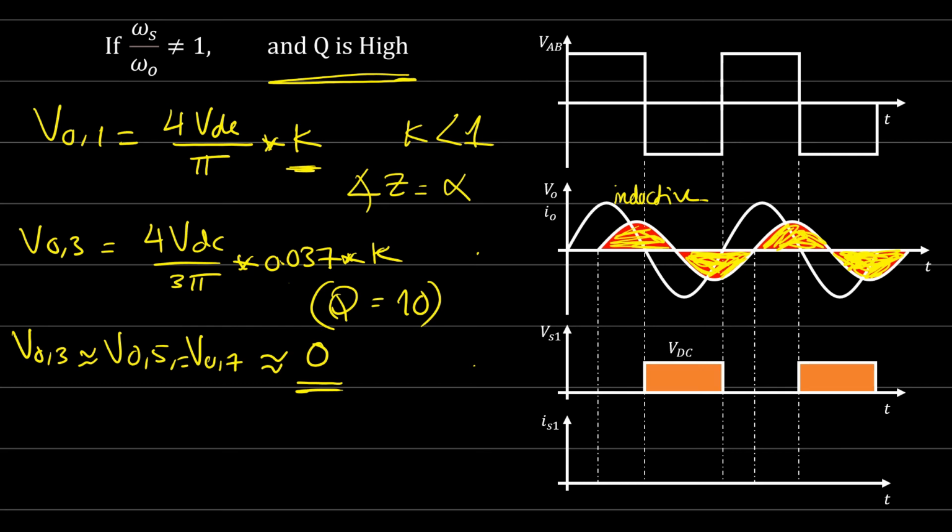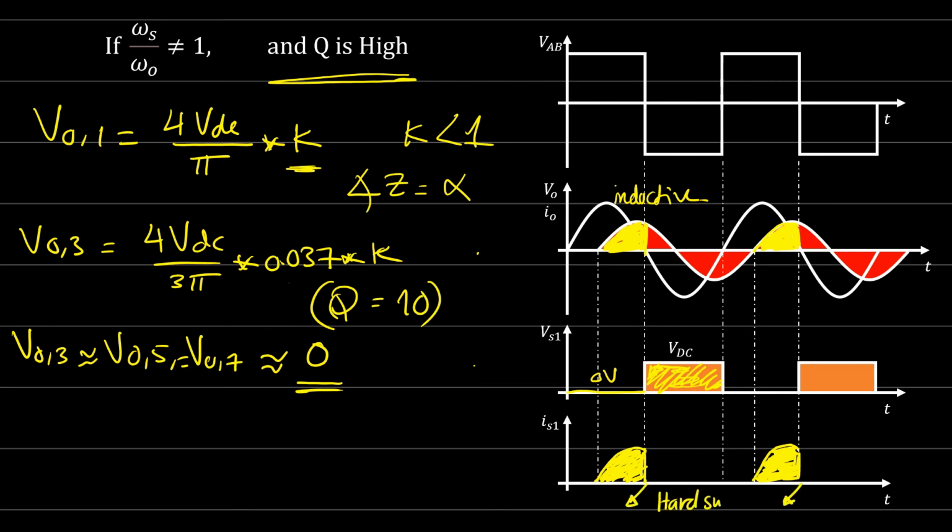If we try to calculate for switch 1, you will find that switch 1 voltage is equal to VDC when they are off and 0 volt when they are on. But here, if you look at this portion, this is the output current. It will be applied on this switch number 1. So if you look at this current here, at this point, we have what we call hard switching.